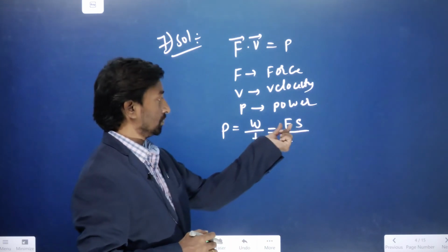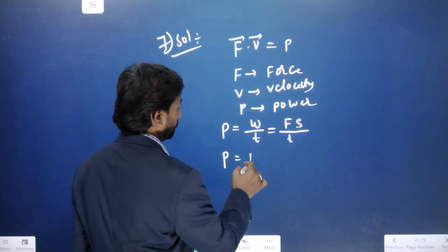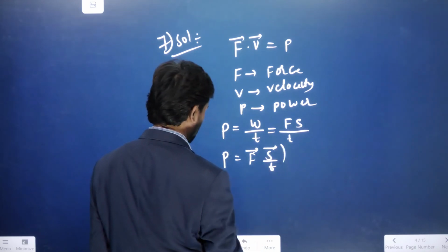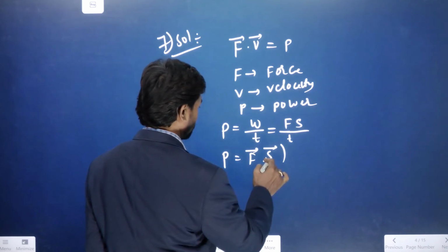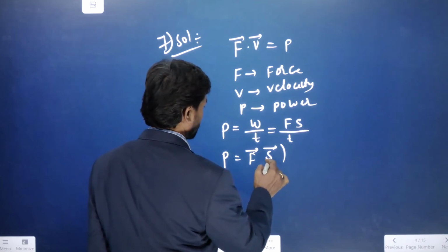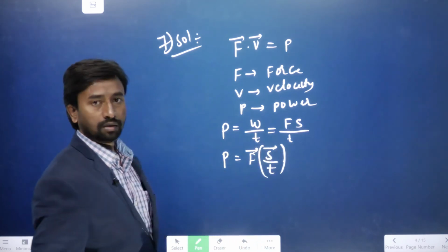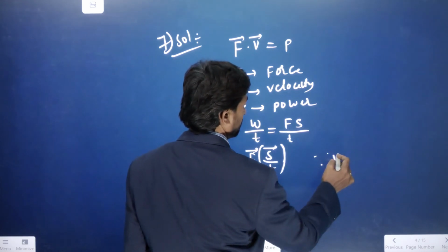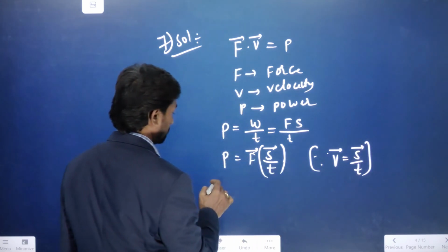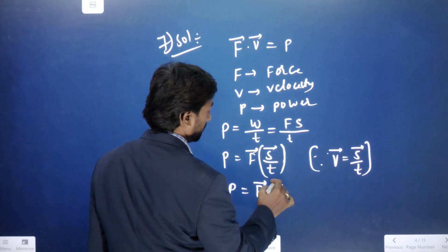Force and displacement are vector quantities. Displacement by time is nothing but velocity: V bar is equal to S bar by T. So we can write P is equal to F bar dot V bar.